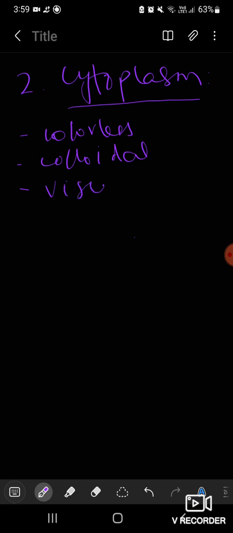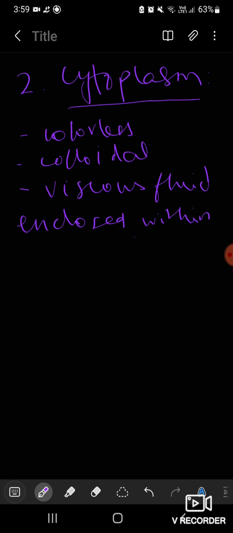Cytoplasm is a colorless, colloidal, viscous fluid, like it's in the shape of a colloid, which is enclosed within the plasma membrane.